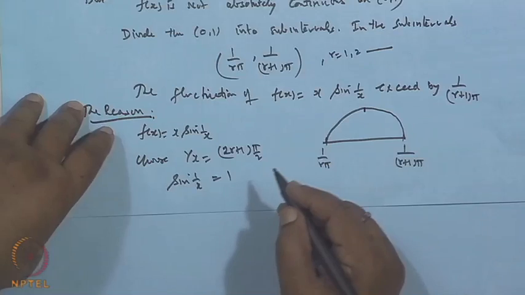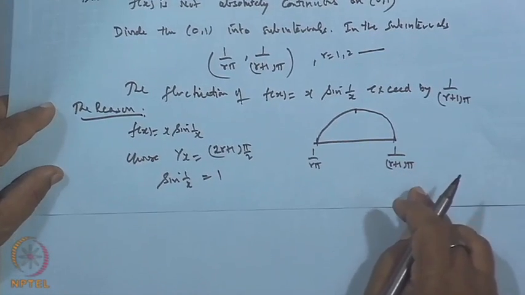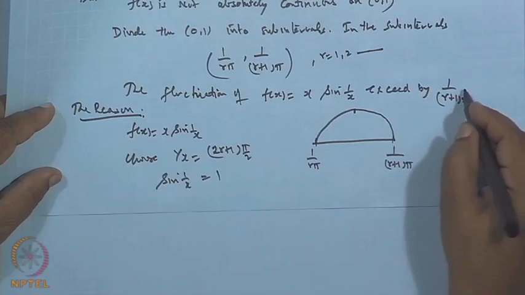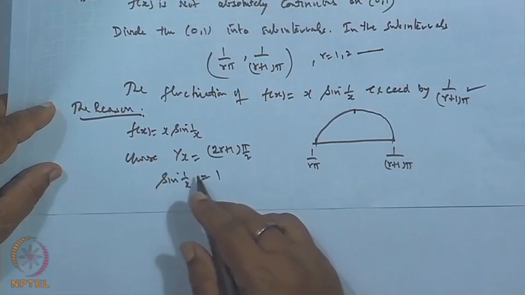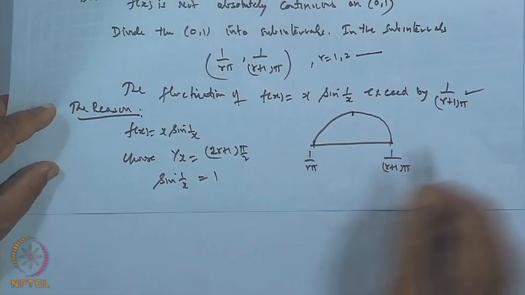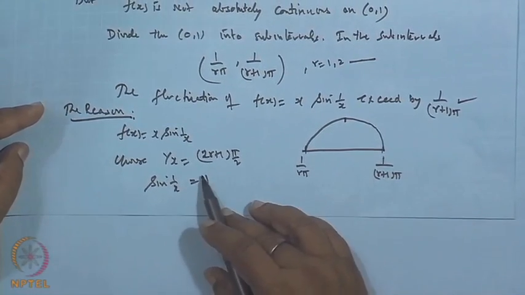So this will be greater than the value at the point r+1. So the fluctuation exceeds this number. Clear?